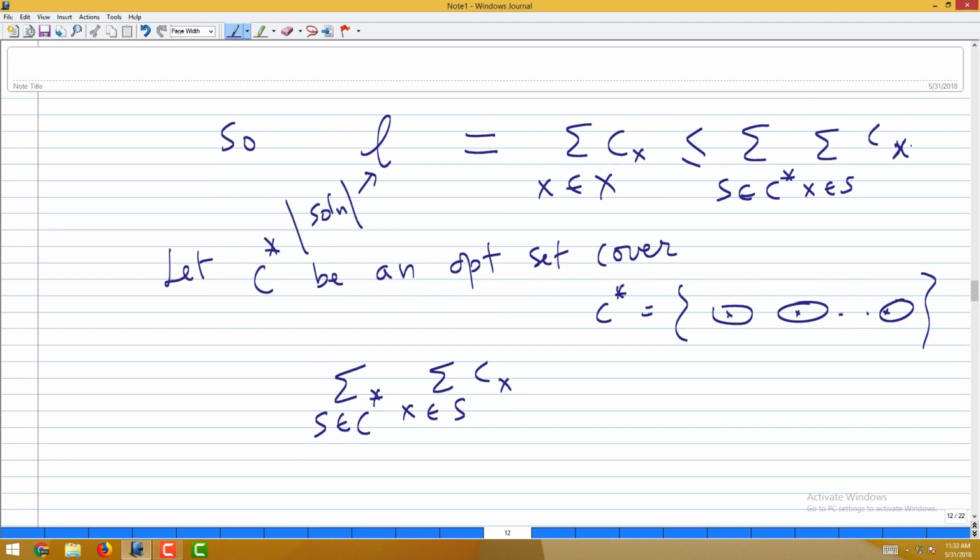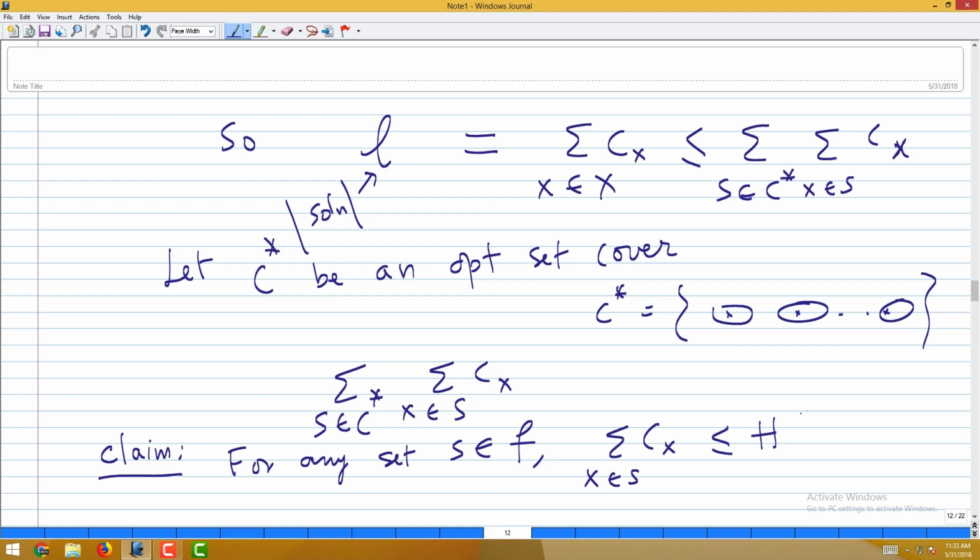Okay. Now, what we will show, this is the big claim, we will spend 5-10 minutes on this, is that for any S in my family, summation C x, x in S, is less than or equal to the harmonic sum of this.